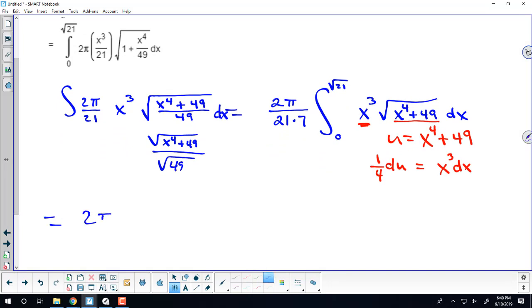So we'll have our 2 pi over 21 times 7, and then our 1/4 and du, accounting for the x cubed dx. And we're just integrating u to the 1/2.